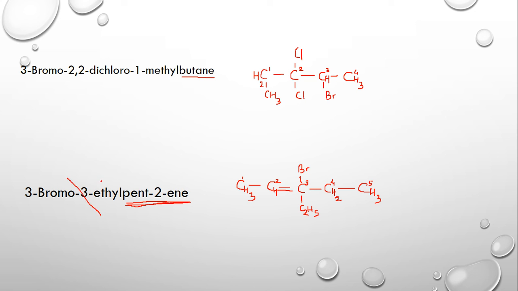So the name is wrong because you cannot write down a carbon with 5 bonds. Okay. So this name is totally wrong. It would have been correct if this ethyl had not been there. Okay. Come to the last example.